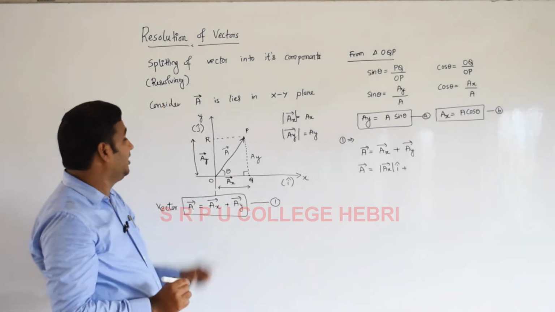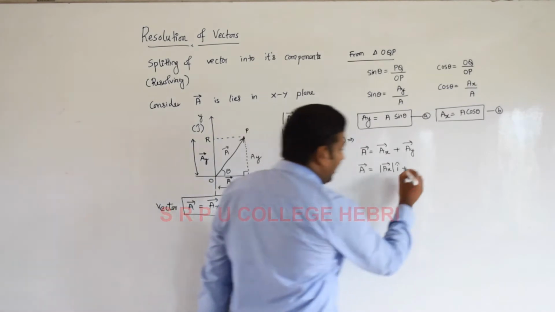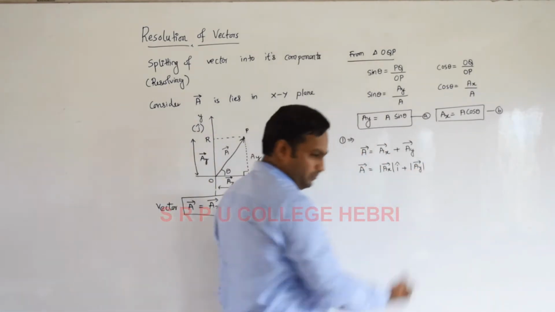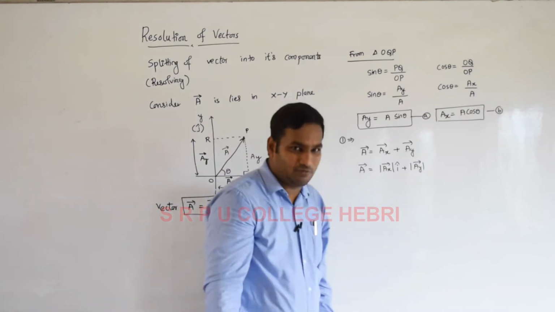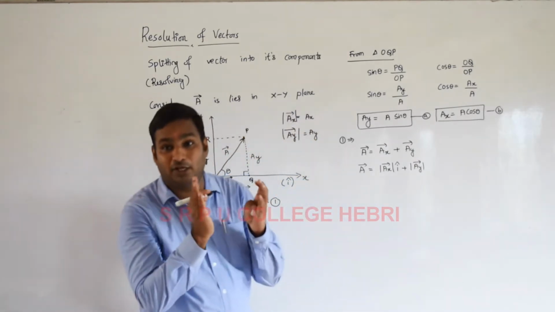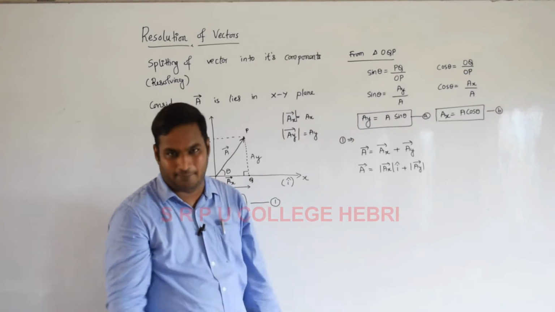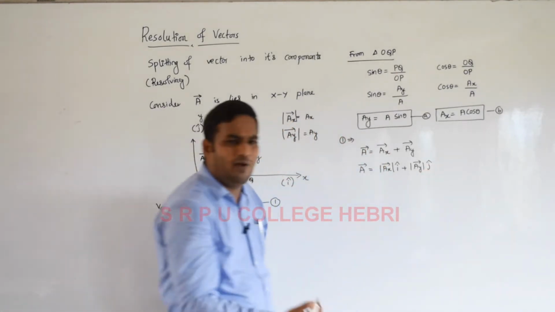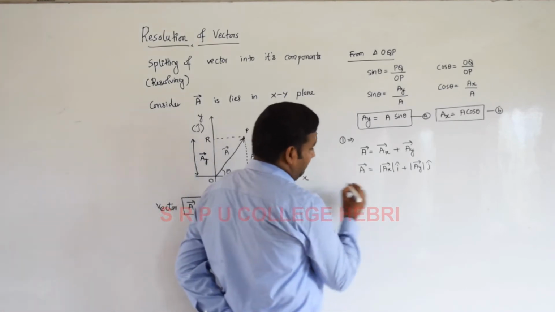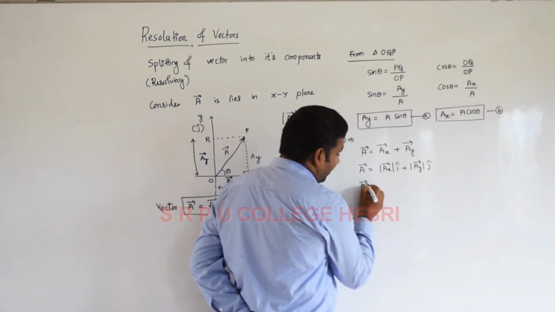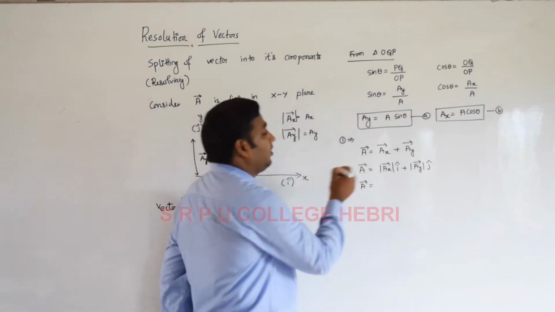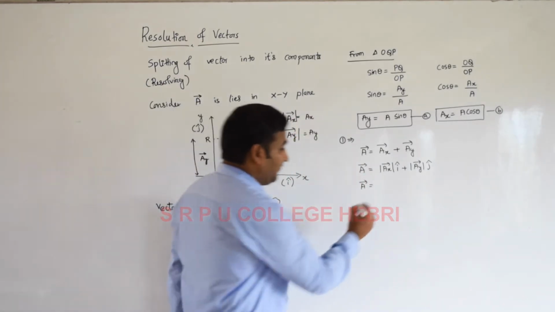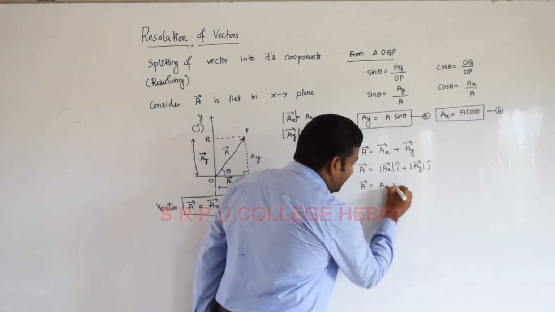In place of AY vector, we take the magnitude of AY vector. It becomes only a value, so I have to give it a direction. Automatically I multiply by the unit vector J cap. J cap is a unit vector along which axis? Y axis. After simplification we can write vector A is equal to the magnitude of vector AX, taken as AX itself, into I cap.